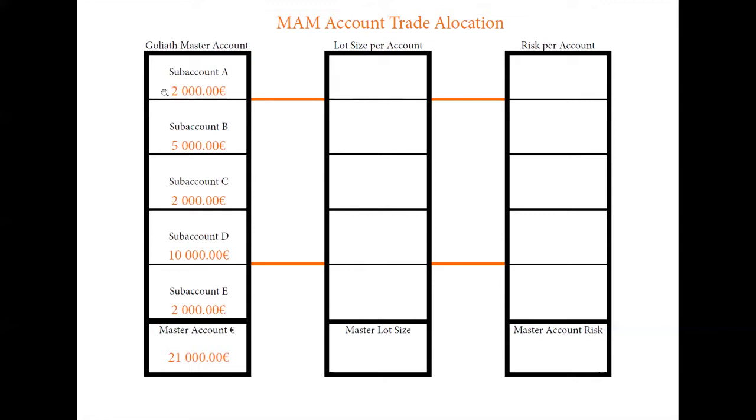Now let's say the account grows and we have larger sub-accounts. We have a sub-account with 2,000, another with 5,000, 2,000, 10,000, and 2,000, totaling 21,000 euros in the master account. Let's say we're risking 1%, which would come up to 210 euros.